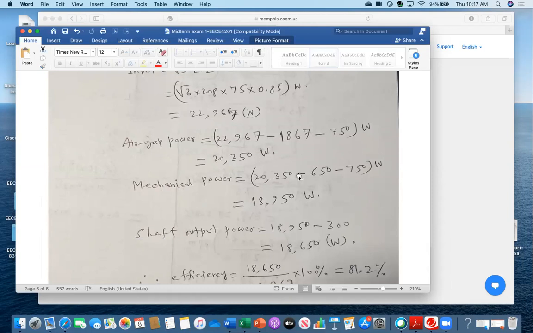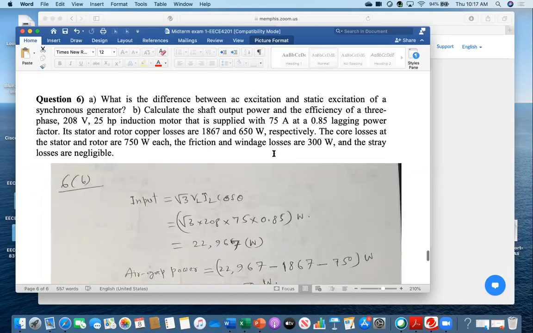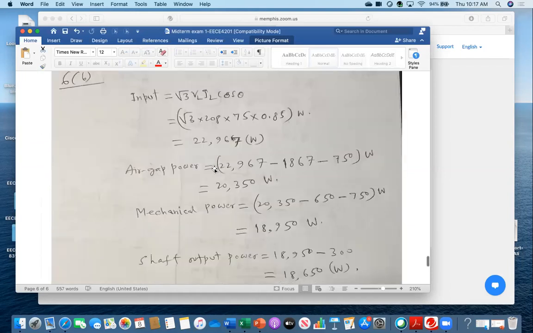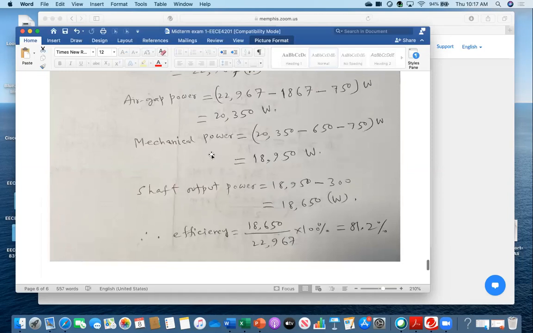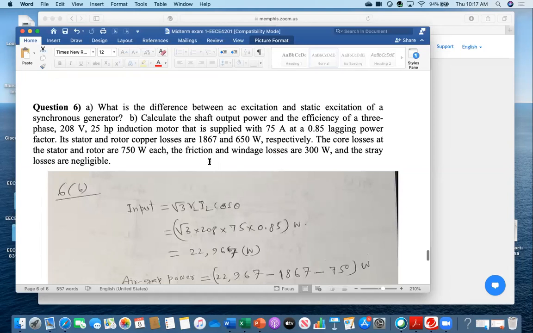So this means air gap power minus the rotor copper losses and the rotor core losses. The rotor copper losses were 650 watt, and the core losses were 750 watt each, the same for both stator and rotor. So that is my mechanical power. And then from the mechanical power, I am calculating the shaft output power. This means this minus the friction and windage losses, which are 300.